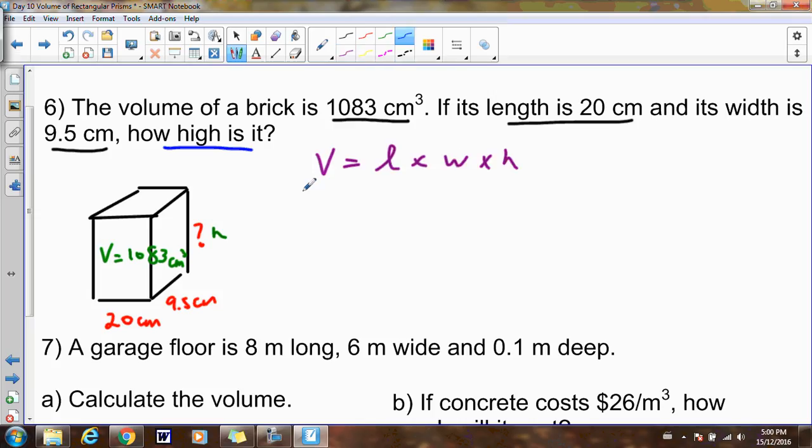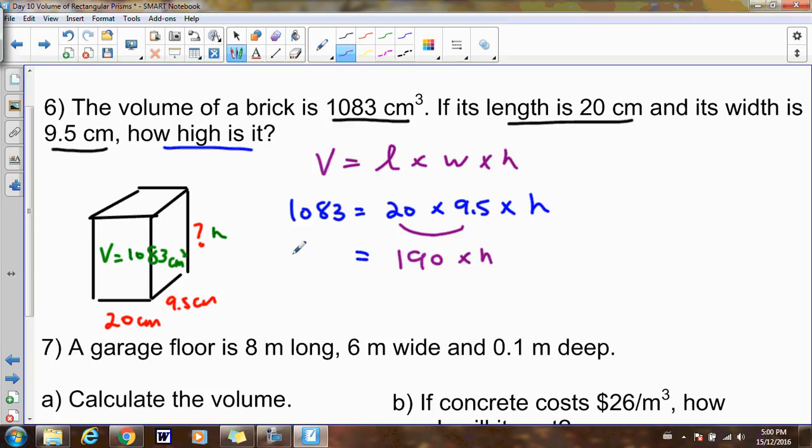So let's see. We know the volume here is 1,083. We know the length is 20. We know the width is 9.5. We don't know the height, so I'm going to leave it as h there. If you just multiply these two numbers together, you should get 190 multiplied by the height is equal to 1,083.